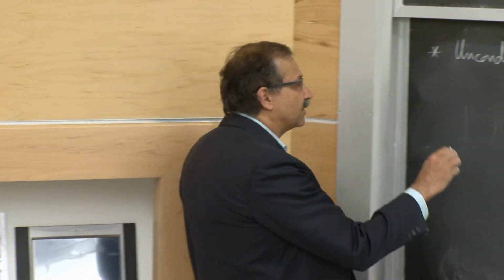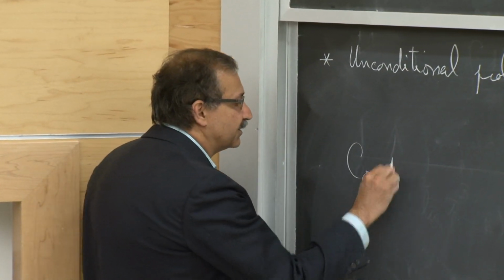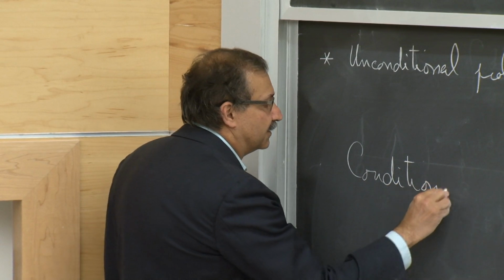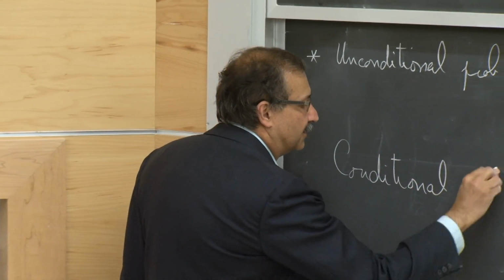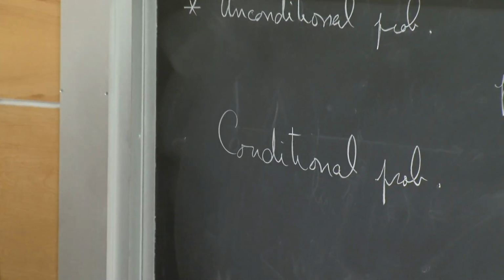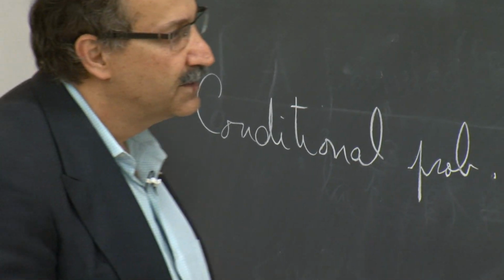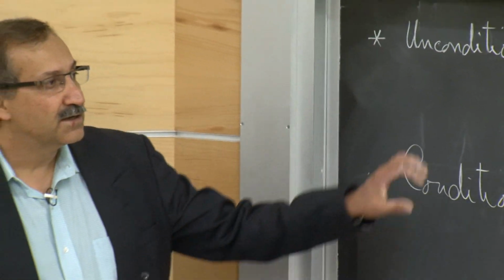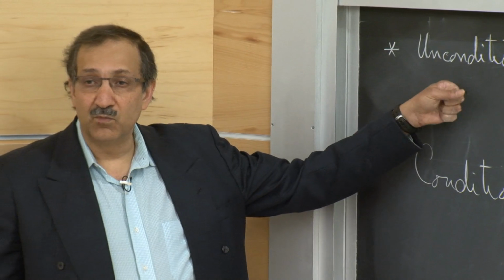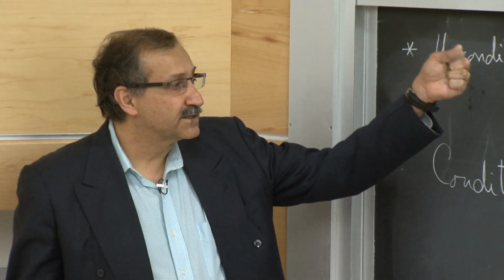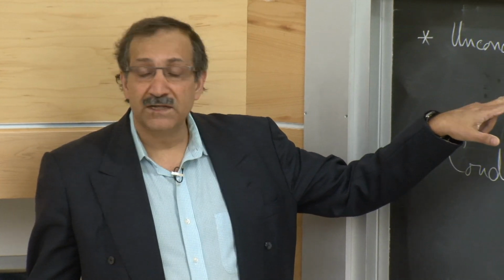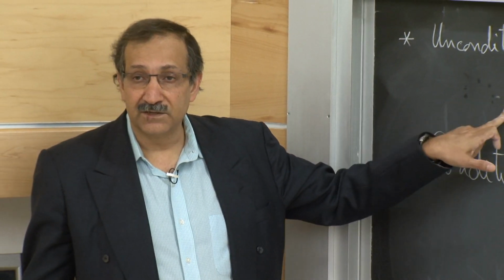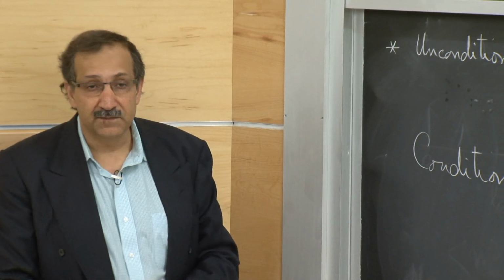Now this is to be contrasted with the conditional probability. Let's say we would be interested in calculating the pressure that is exerted on the board. The pressure is exerted by the particles that impinge on the board and then go away. So I'm interested in the momentum of particles right at the board, not anywhere else in space.